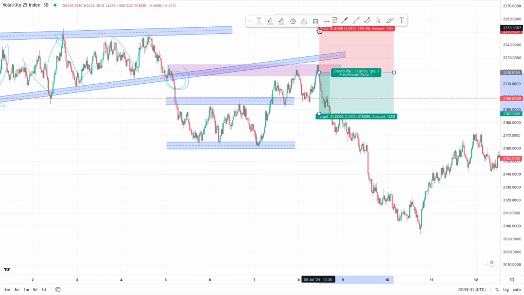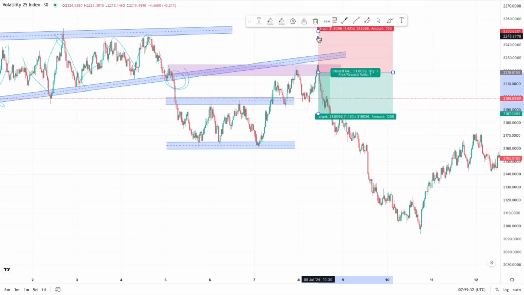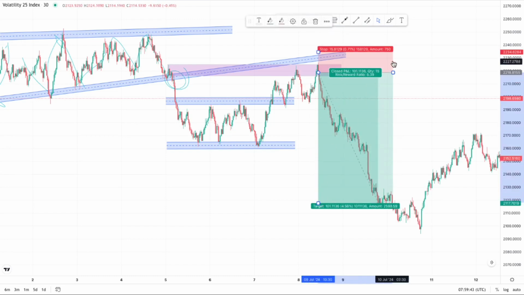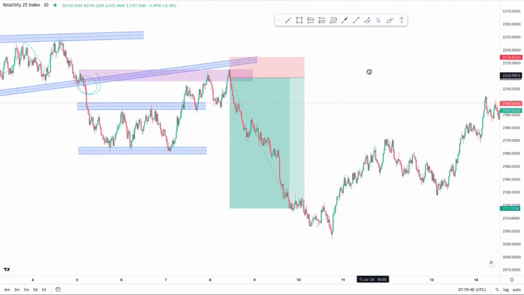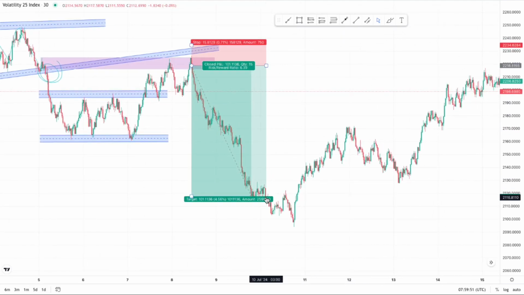We would place our entry here, our stop loss slightly above the resistance, this line up here, and would make a trade that is maybe 1:6 risk to reward ratio, which means if you risked $100, you would get close to $600.